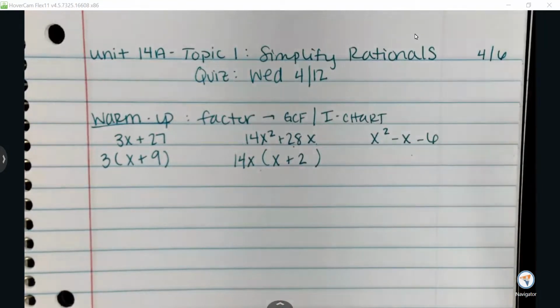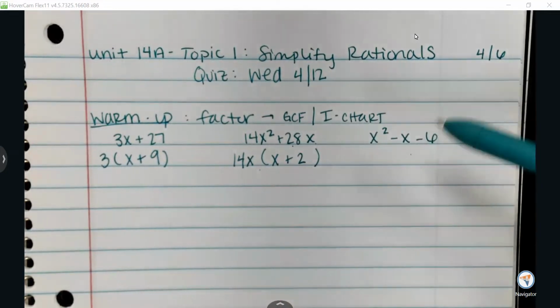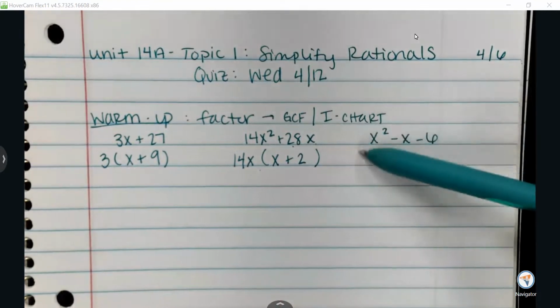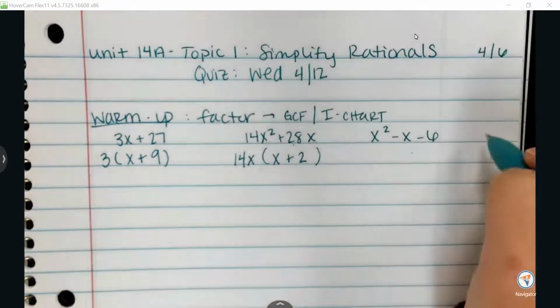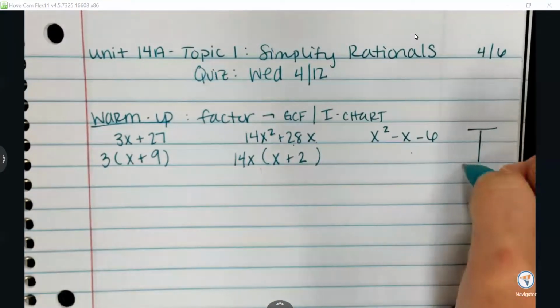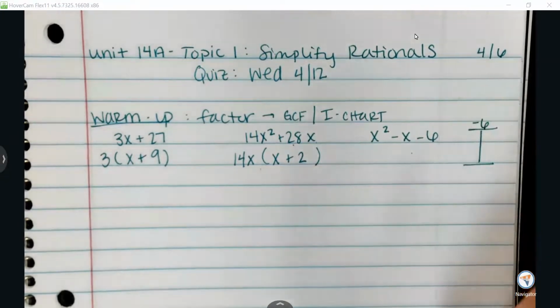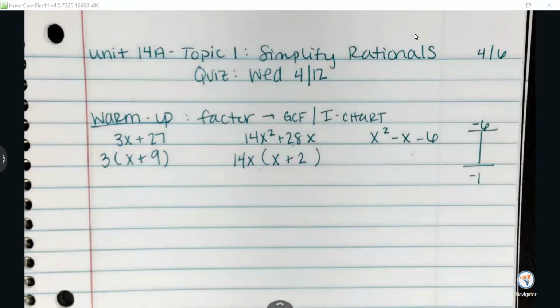Okay. Last one, x squared minus x minus 6. Can I make an eye chart for that? How do you know? I do have all 3, but what else do you have to make sure of before you can make an eye chart? What's important about this x squared? It has to be by itself. So when I make my eye chart, what number goes at the top? -6. And what goes at the bottom? -1. Okay.